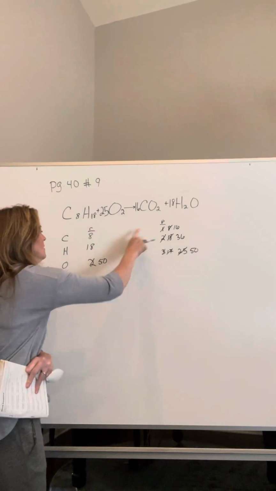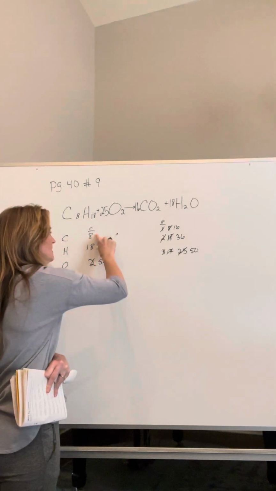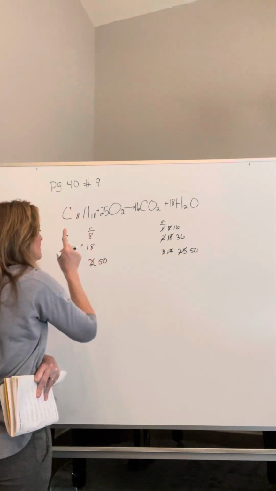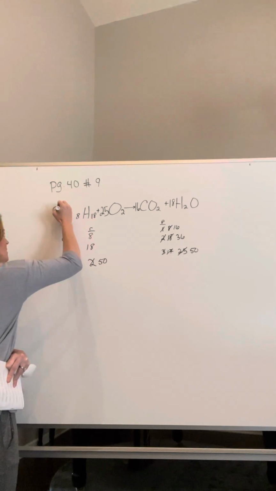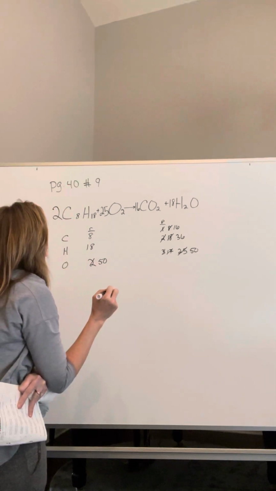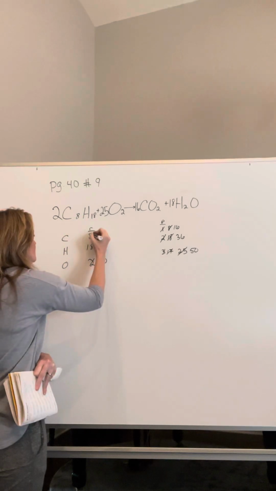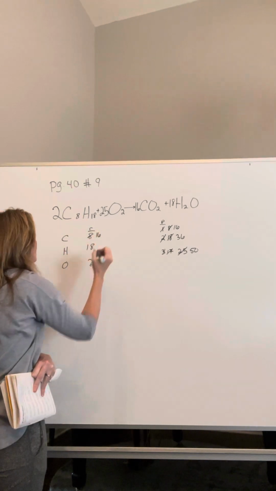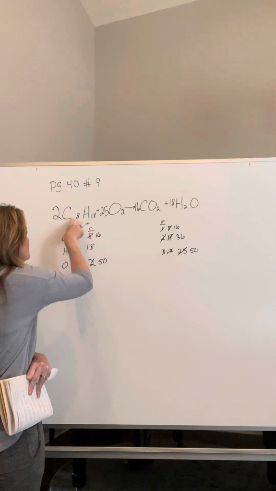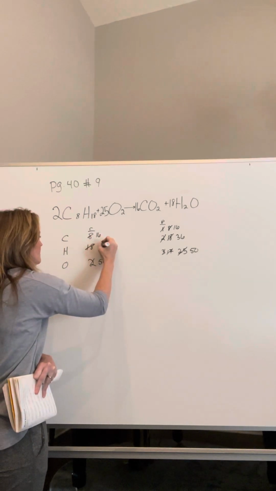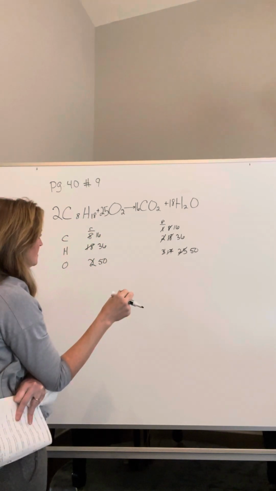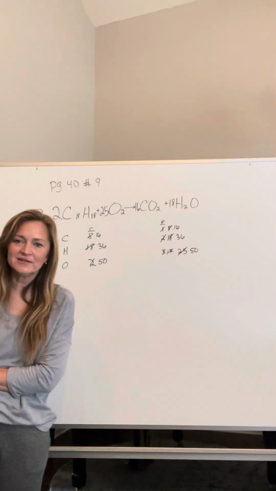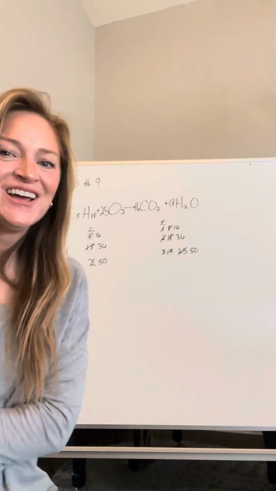So 18 is half of 36, 8 is half of 16. So if I put a 2 here, that's going to give me 16 of those carbons, and then 2 times 18 is 36. And it's evened out. Okay, guys.